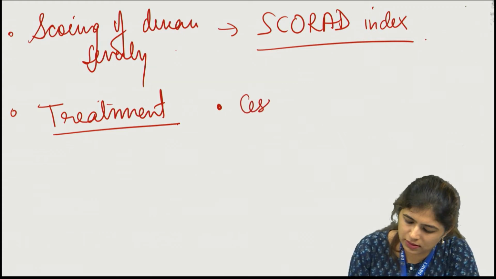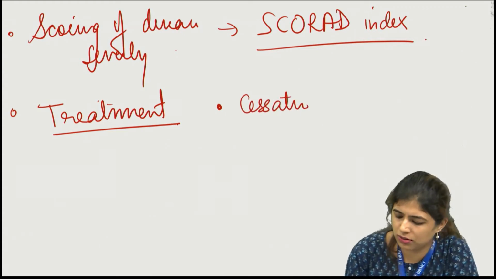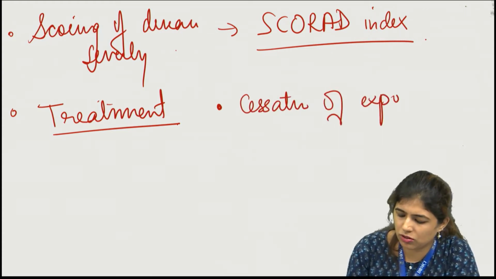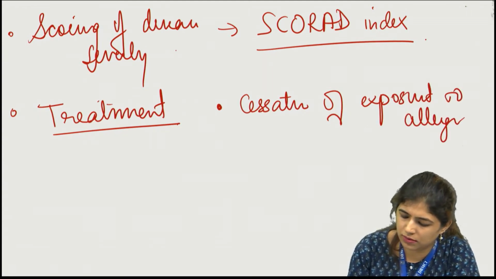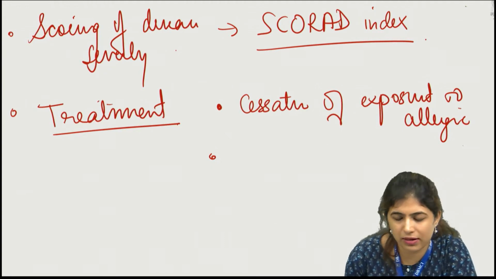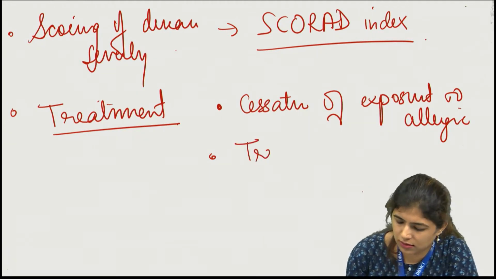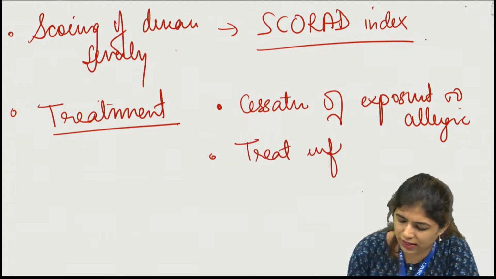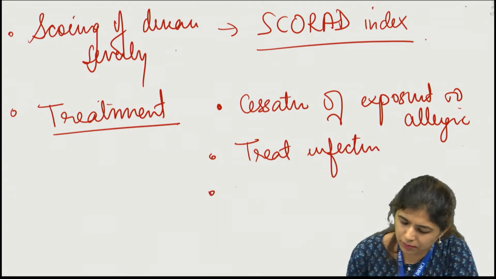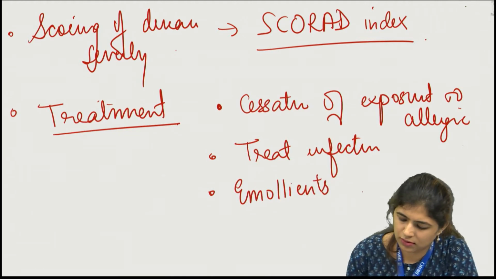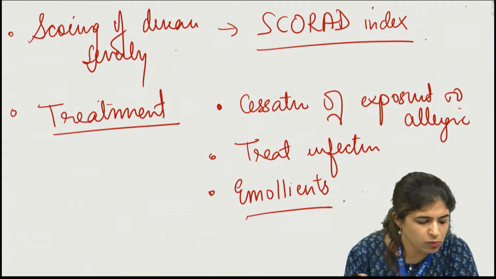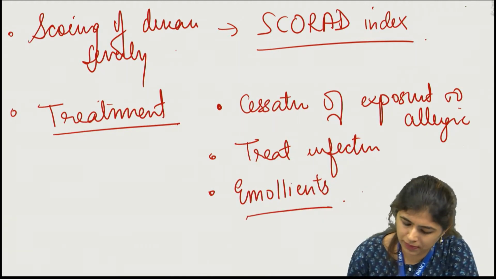One is identify an allergen, cessation of exposure to the allergen. In case the patient has recurrent skin infections, treat the infections. Proper emollients. Moisturizers are the most important component of treatment.